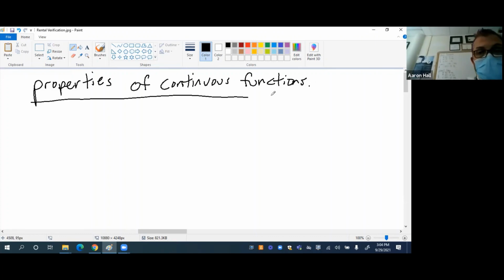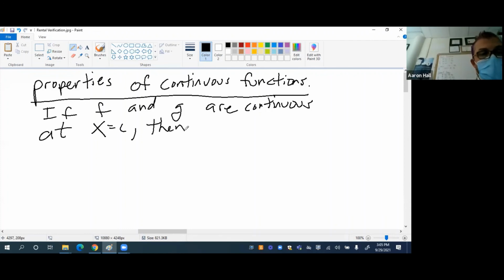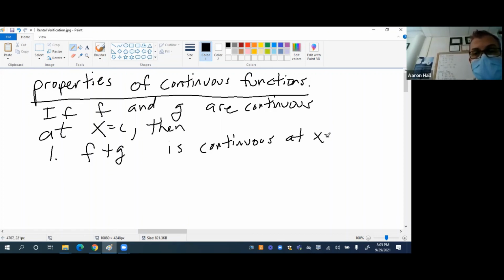So if f and g are continuous at some value c, then f plus g is continuous at x equals c.